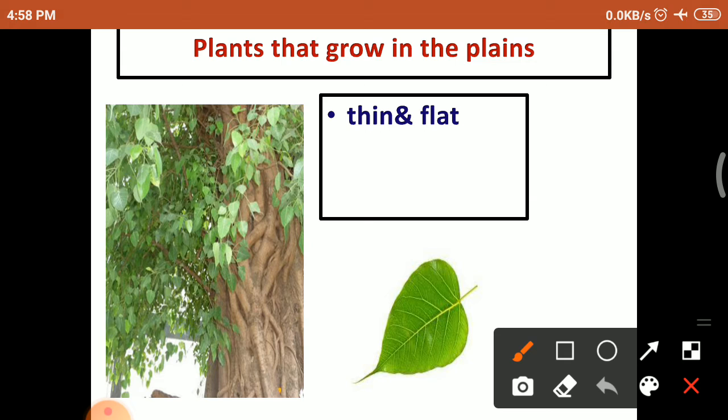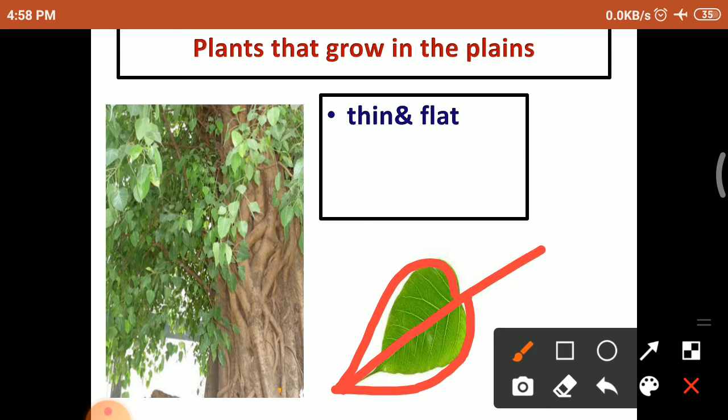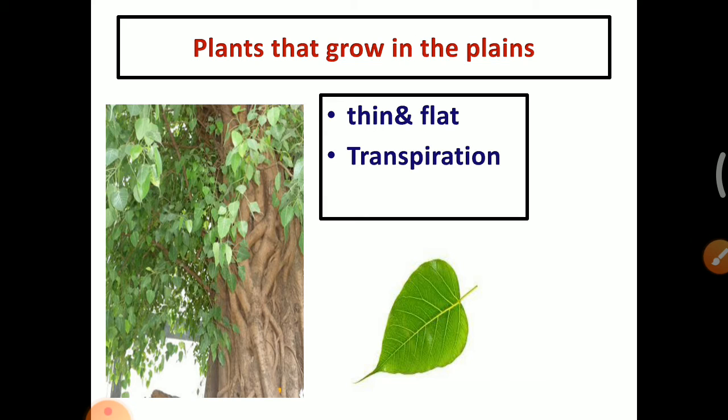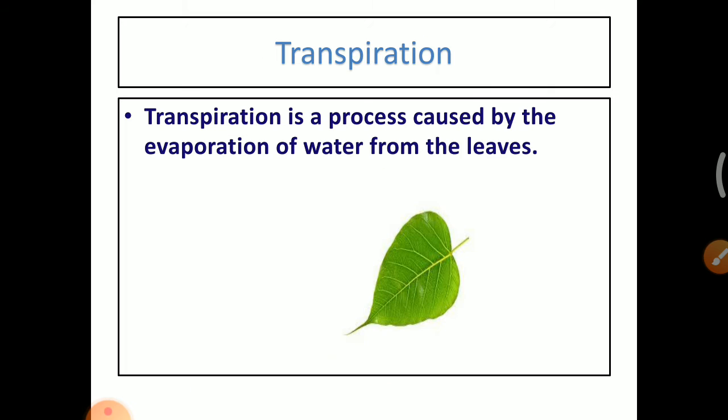If you take a peepal tree leaf and look, this is a leaf of the peepal tree. It is very thin and has a flat surface. Why does it have a flat surface? Because this flat surface helps the transpiration process. So what is meant by transpiration? Transpiration is a process caused by the evaporation of water from the leaves.